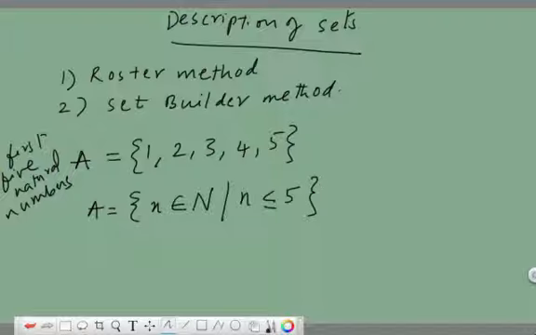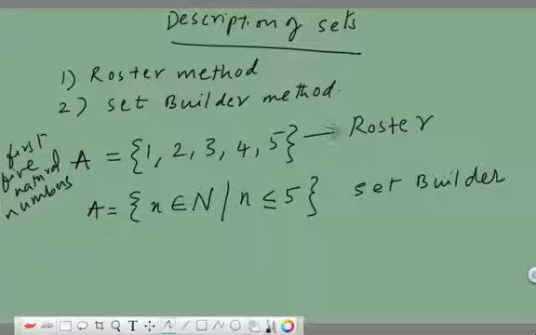So if you look at this, we are saying this is a set of natural numbers where n belongs to capital N. Capital N is the universal set of natural numbers, and we are saying n is less than or equal to 5. So the same thing as 1, 2, 3, 4, 5. So this is the set builder notation, and this is the roster notation of a set.